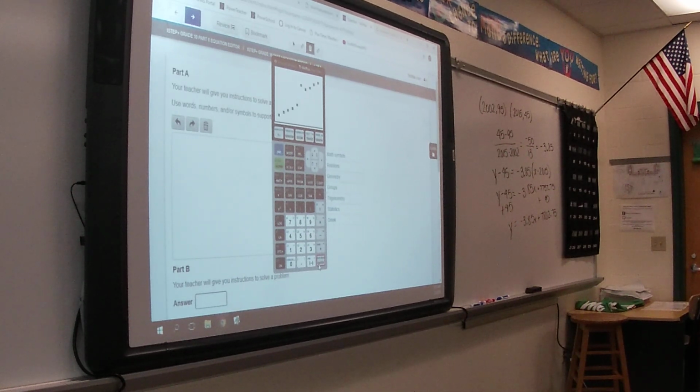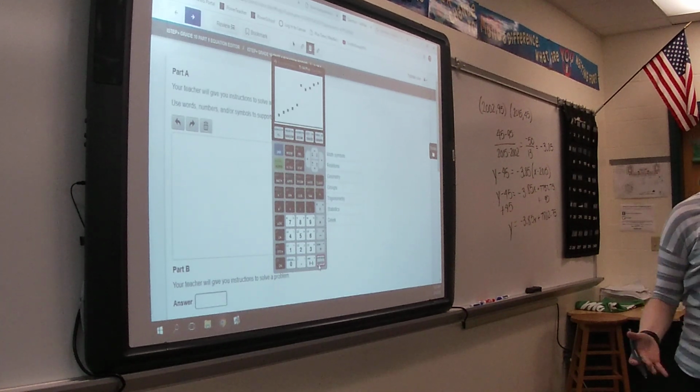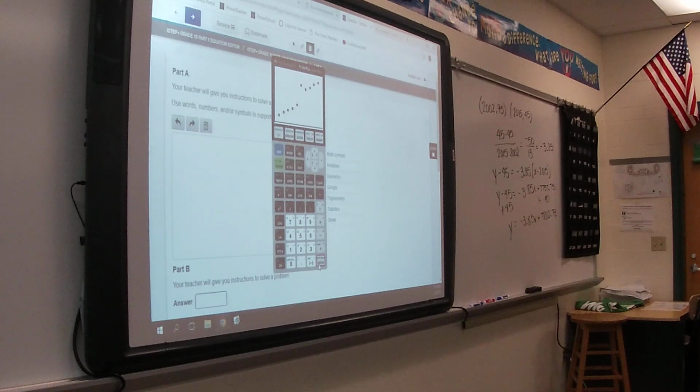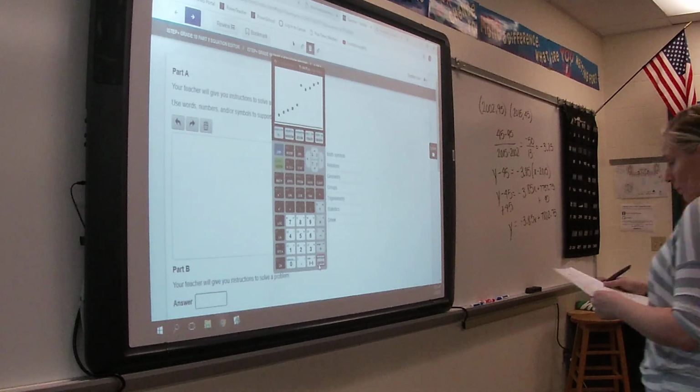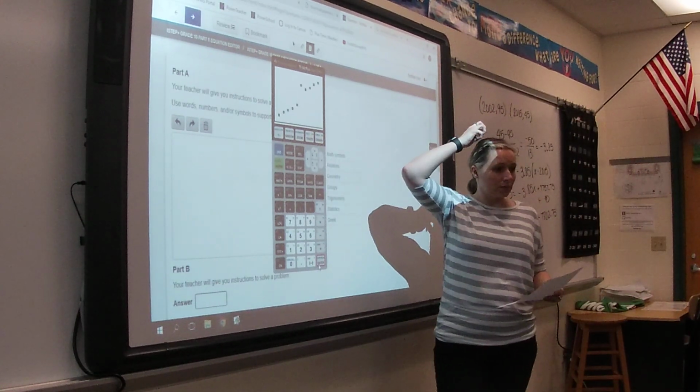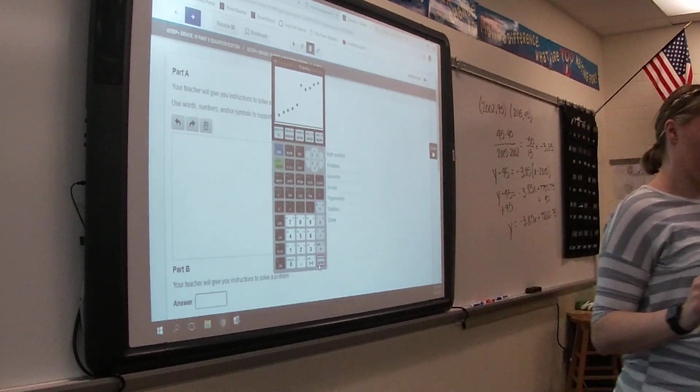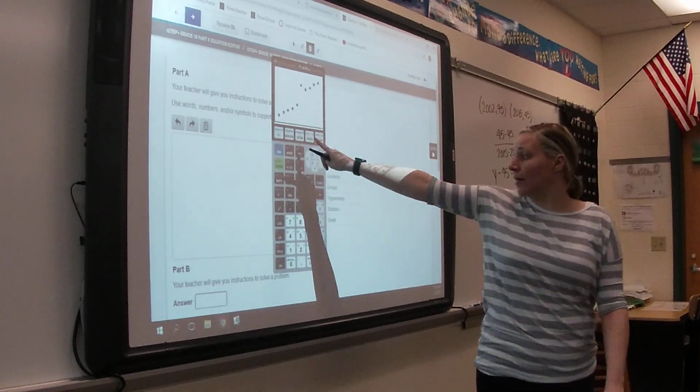Instead of us having to make a coordinate plane and fit everything on there and space it appropriately, we can just press zoom 9. I press zoom, which is underneath the window, and then 9.